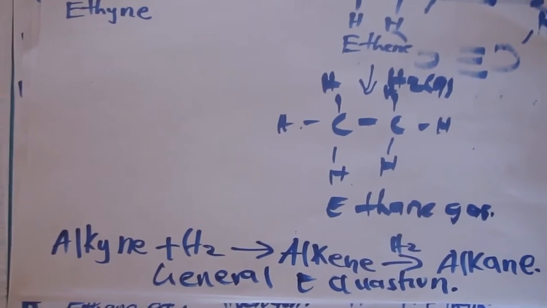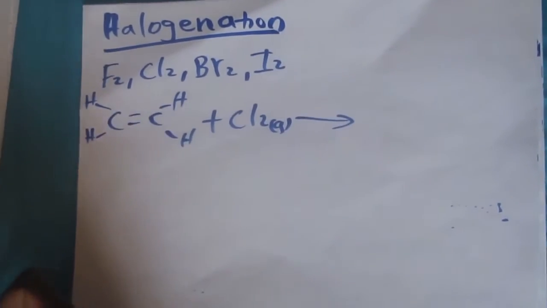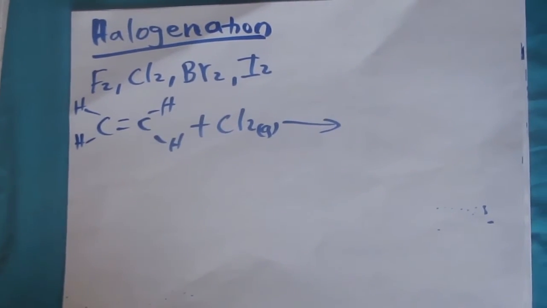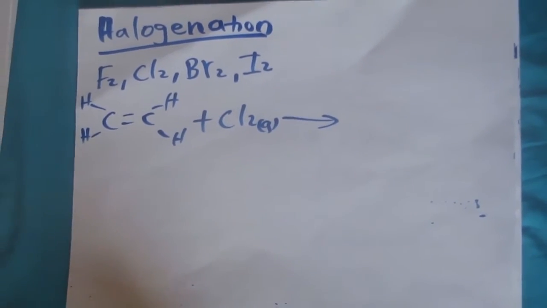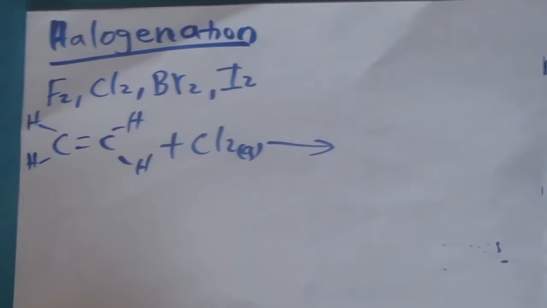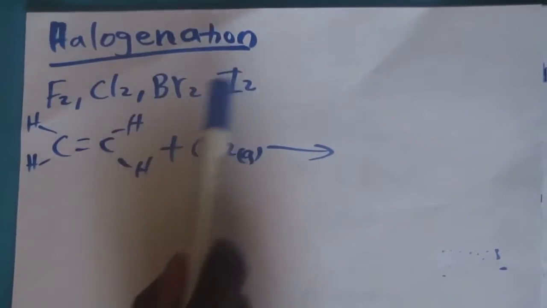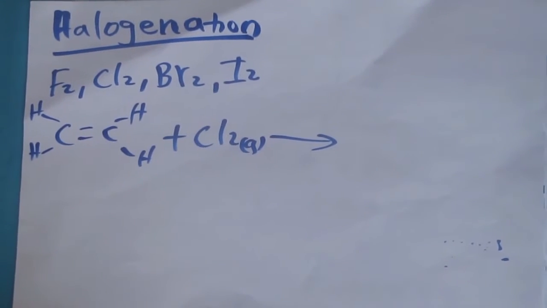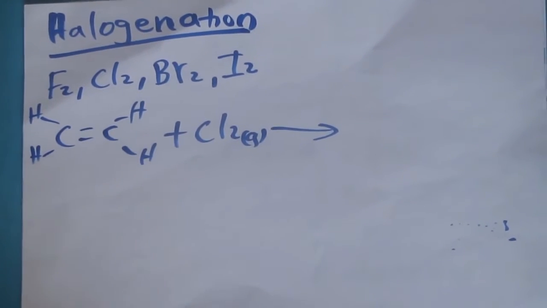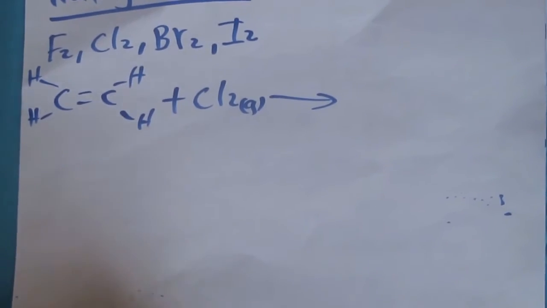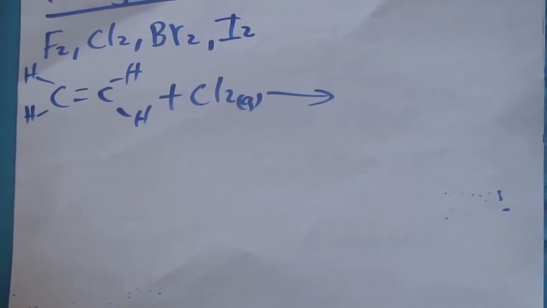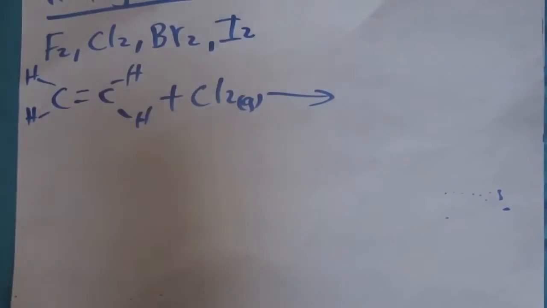Now, we want to move on to look at halogenation reaction. When we look at halogenation reactions, we talk about reaction between alkenes and alkynes with compounds like fluorine, chlorine, bromine, and iodine. We call them halogens. Now, when we take a compound like ethene, then we react with chlorine, the double bond first will open like this.